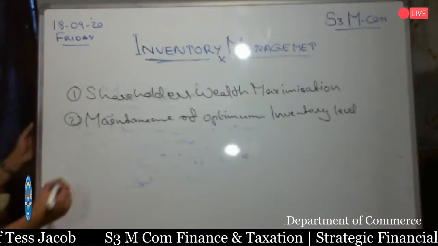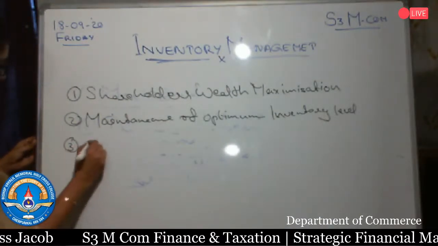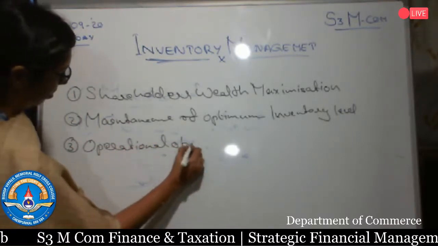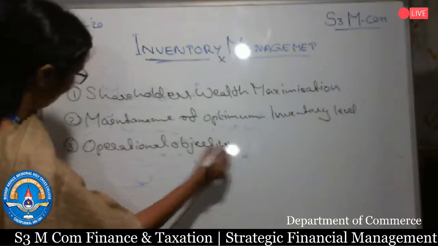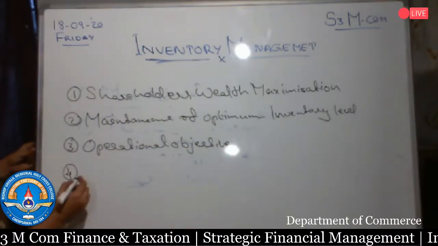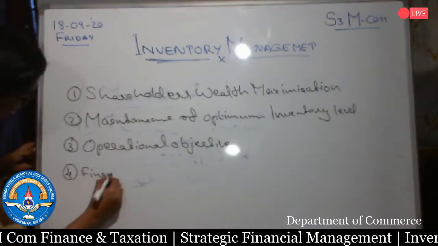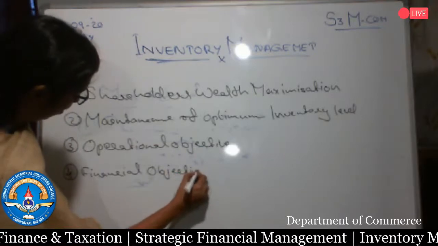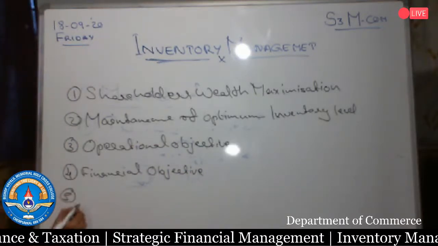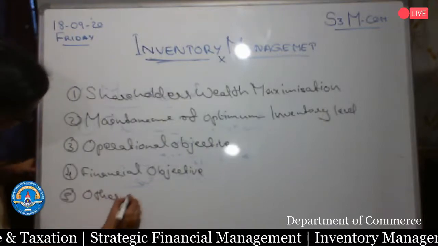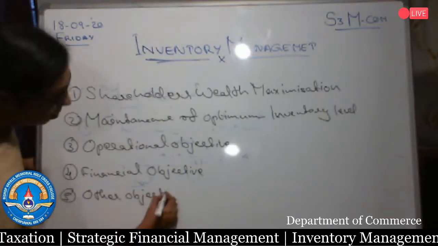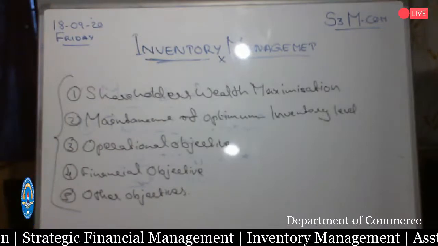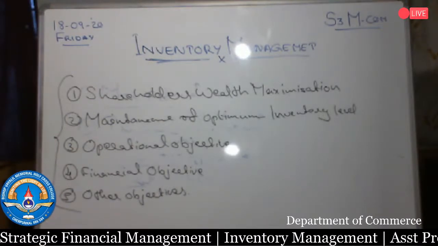And the third one is operational objective. And the fourth one is financial, and the fifth one is other objectives. So these are the five objectives of inventory management.